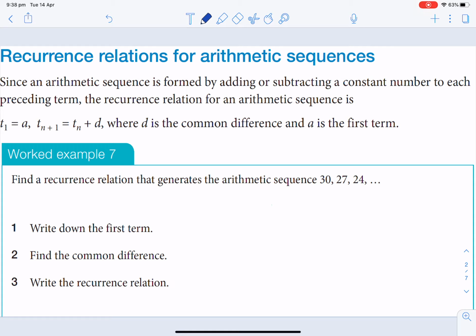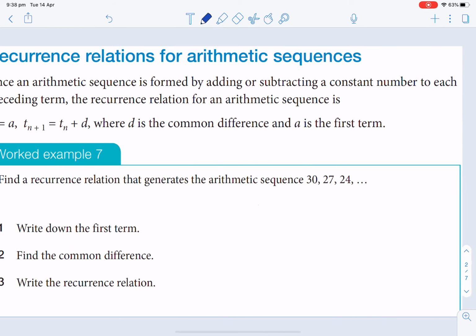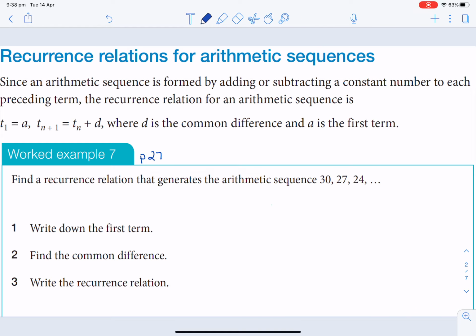So for worked example 7, which is on page 278 of your textbook, find a recurrence relation that generates the arithmetic sequence 30, 27, 24. Remembering all we want to find in this case is our A value, our D value, and then plug it into a formula. So let's start with our first term. 30, 27, 24.